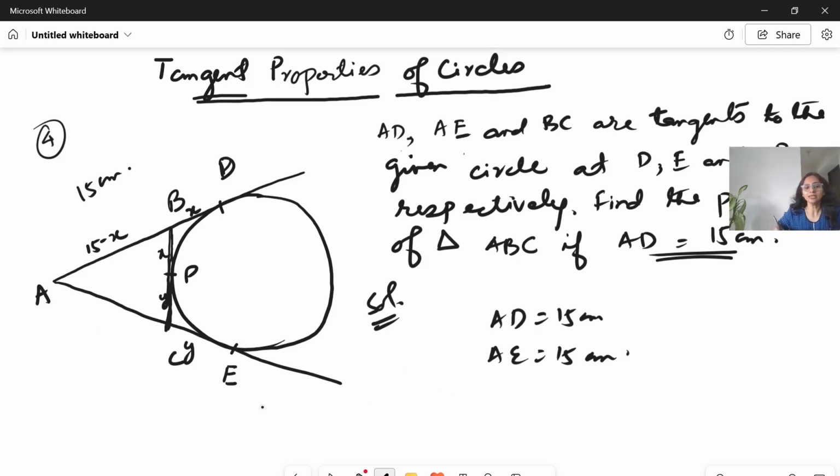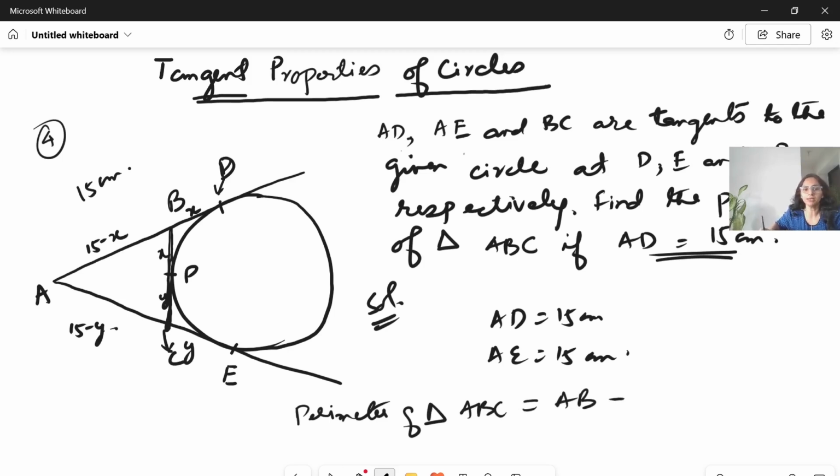Because AE is 15, AC will be 15 minus Y. So if you look at triangle ABC, AB is 15 minus X, BC is X plus Y, and AC is 15 minus Y. So the perimeter of triangle ABC equals AB plus BC plus AC.